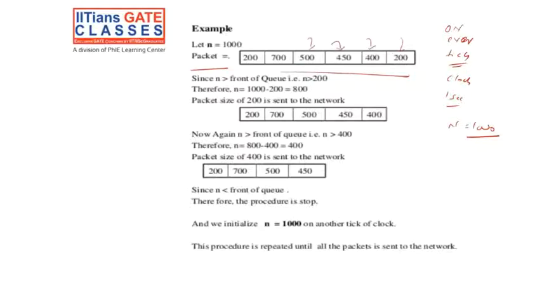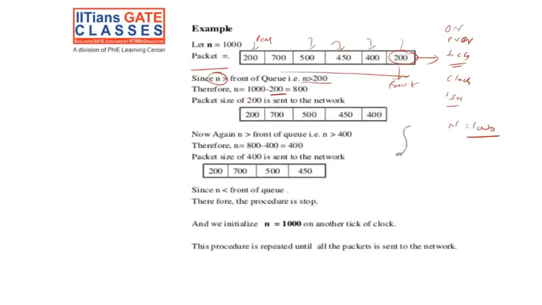Now what we have to do is check whether the n value is greater than the front of queue. This is your front of queue, and this is the rear. Yes, n is greater: 1000 is greater than 200. So this 200 packet can depart. The maximum 1000 bytes we can send, but right now the first packet is 200 bytes, so it goes in that particular tick.